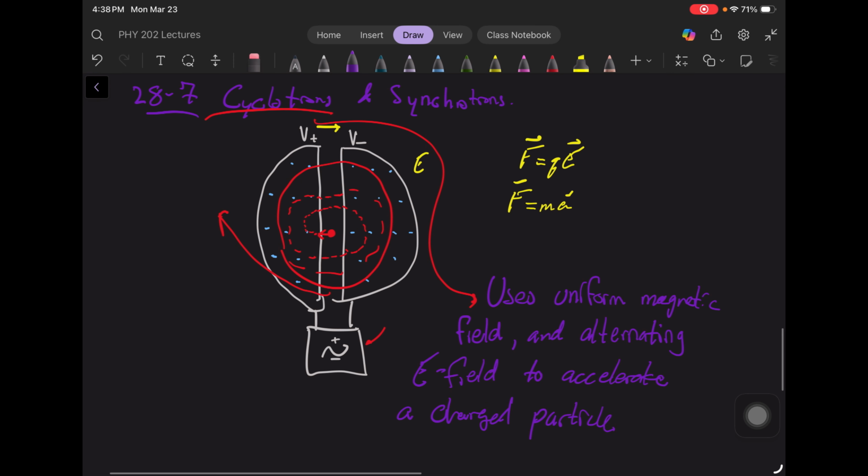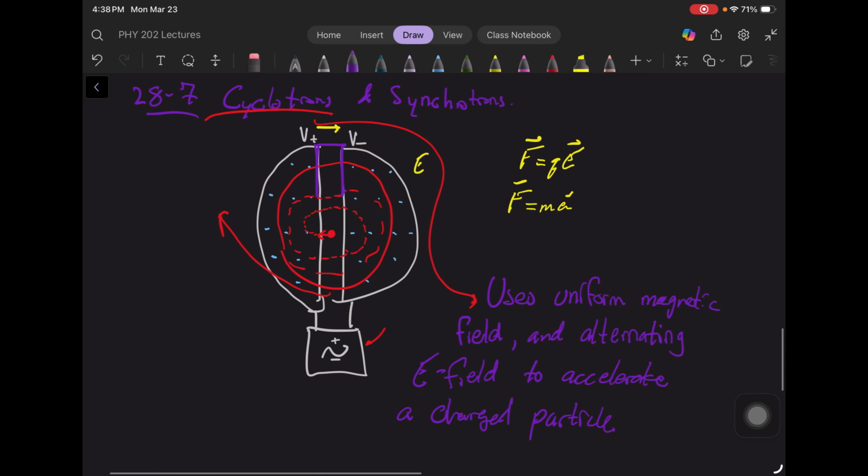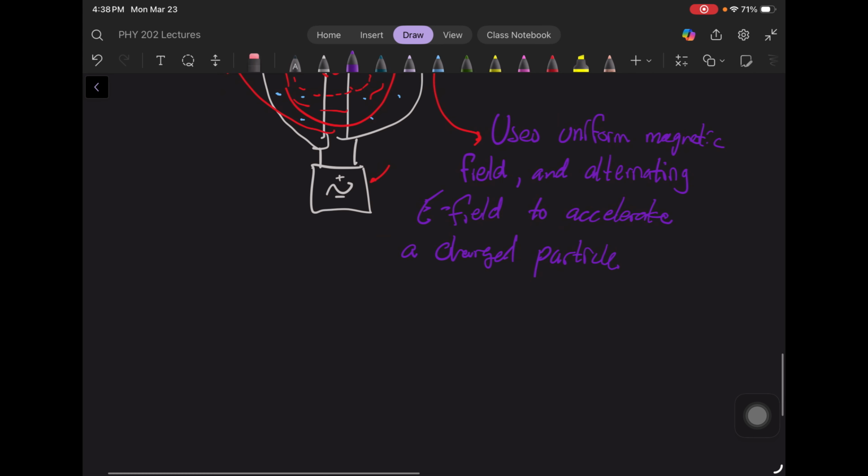And if you think all the acceleration happens between these plates, it's happening thousands of times, in a really big cyclotron. And so even though it's a very small distance, it keeps happening. And if you were to stretch it out, then all of a sudden, yeah, you could get the same result.